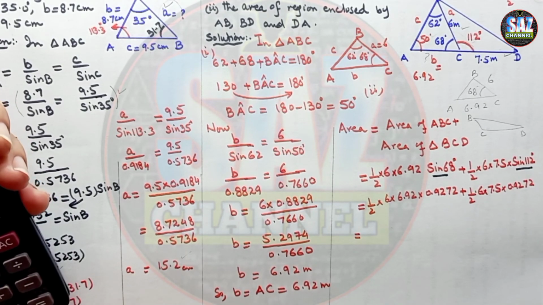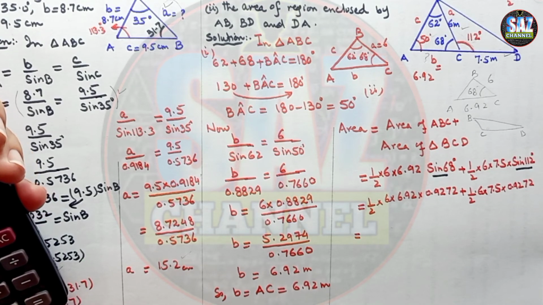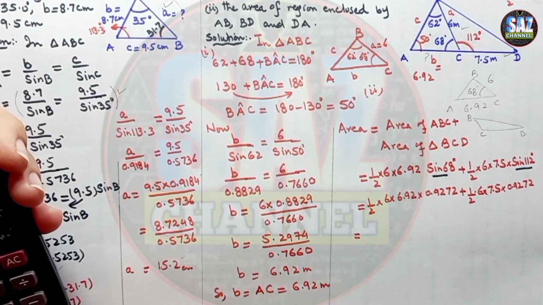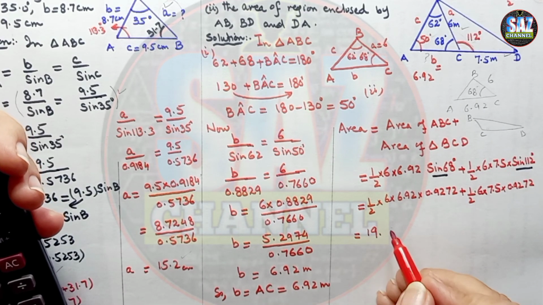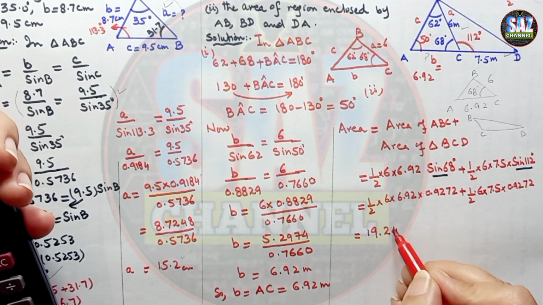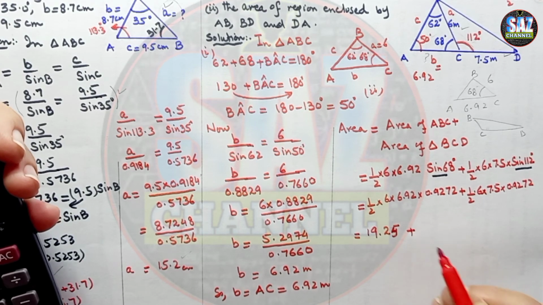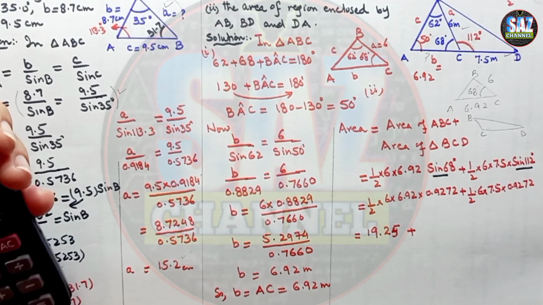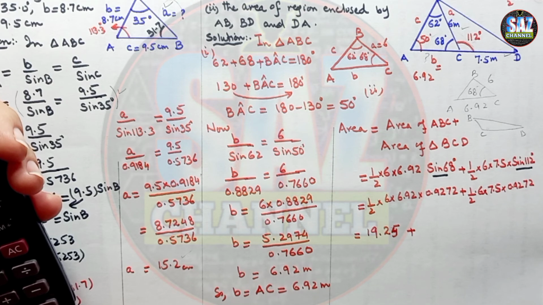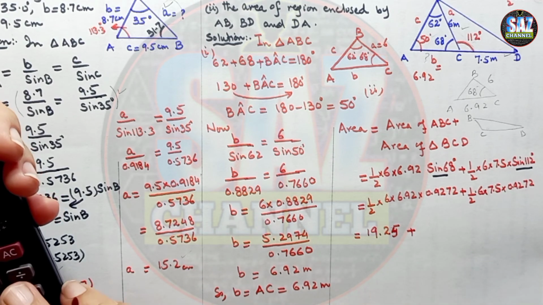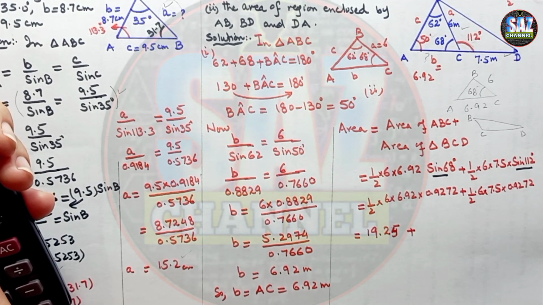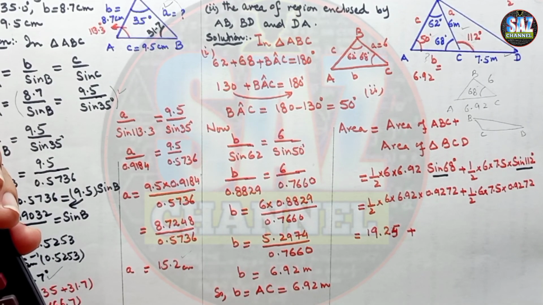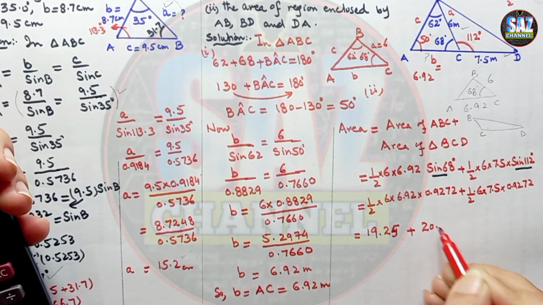Now we have to get the product carefully. 6 multiplied by 6.92 multiplied by 0.9272 is 38.497344, divided by 2 gives me 19.2486, so I can take it as 19.25. Plus 6 multiplied by 7.5 multiplied by 0.9272, divided by 2, gives me 20.862.